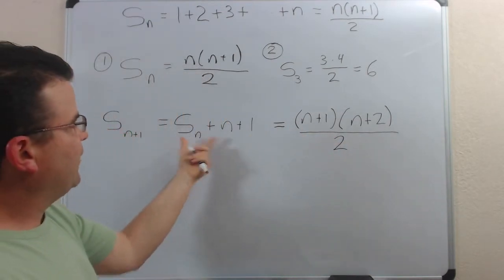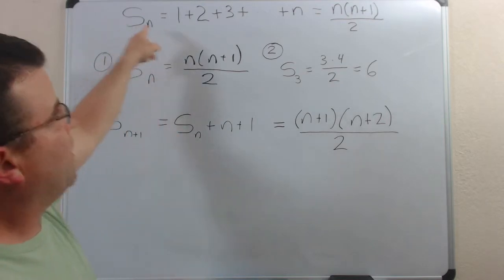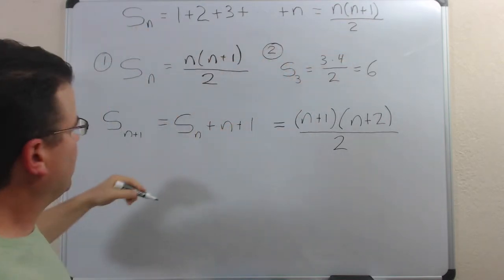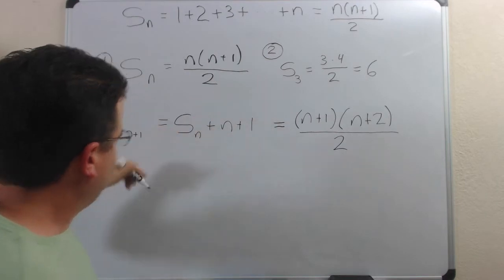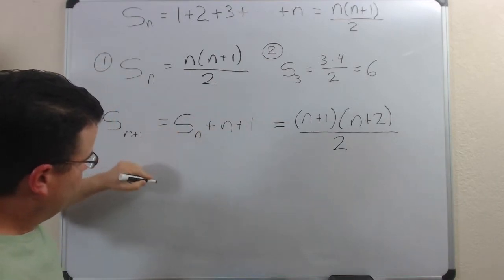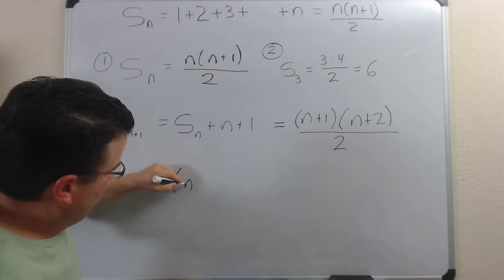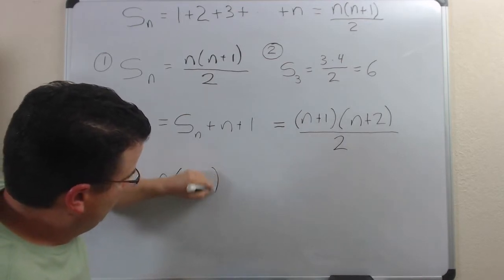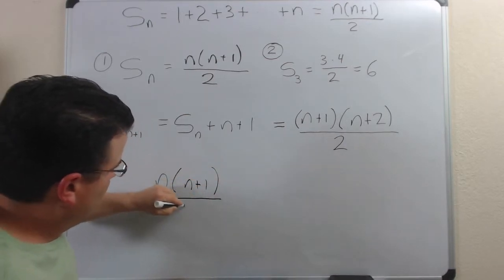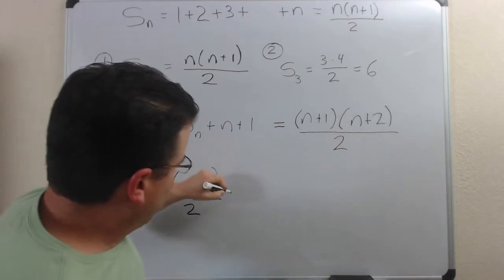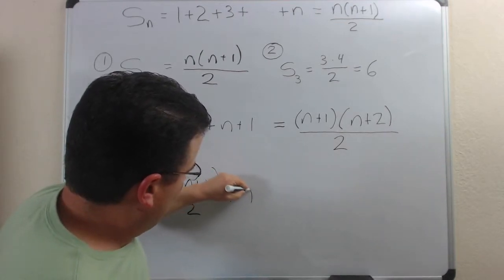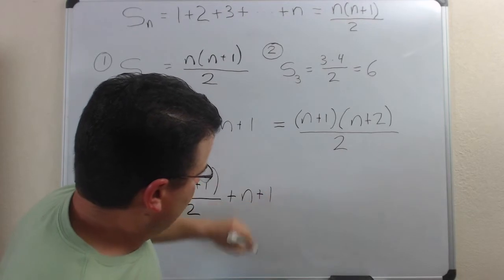Well, we know that S sub n is n times n plus 1 over 2. So I'm just going to rewrite this as S sub n is n times n plus 1 over 2, and then plus n plus 1.